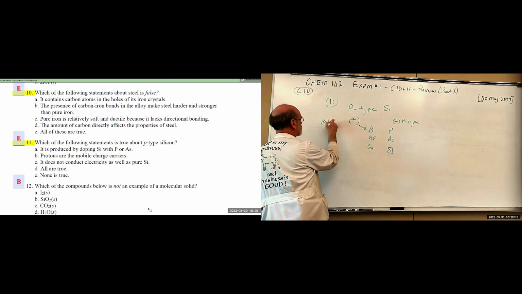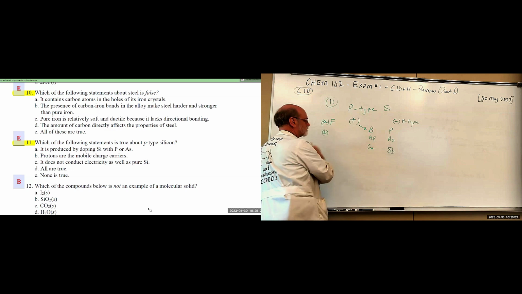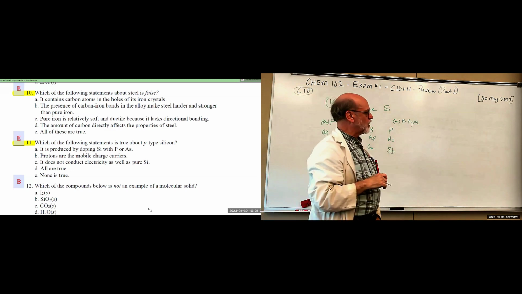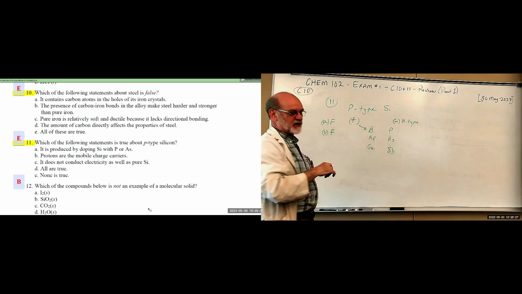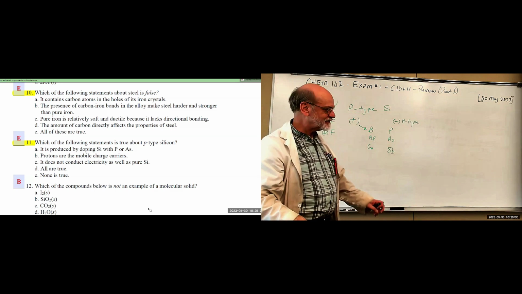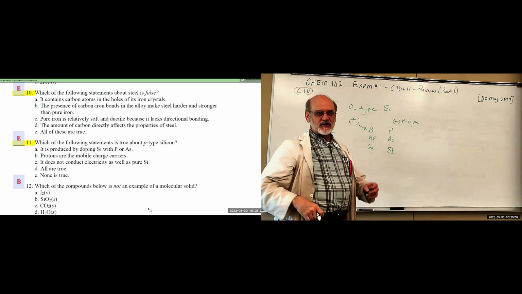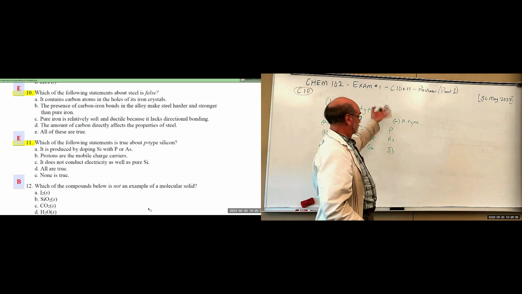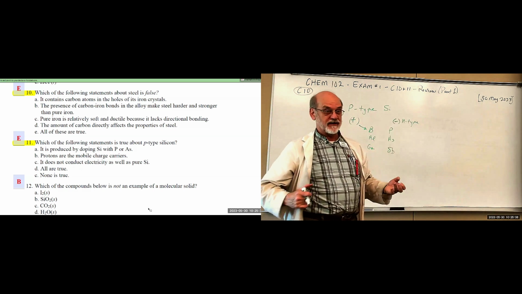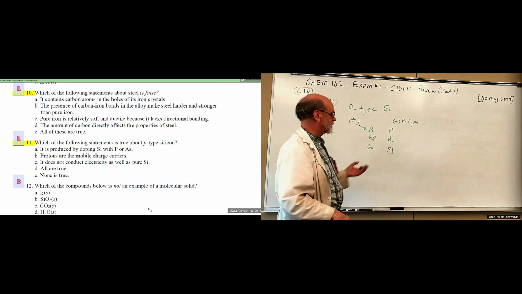A cannot be true. B: Protons are the mobile charge carriers. Protons don't move. Your nucleus cannot give up protons without changing the element. So the protons are not going to be carrying the charge.